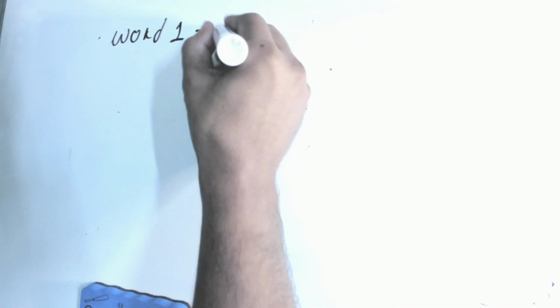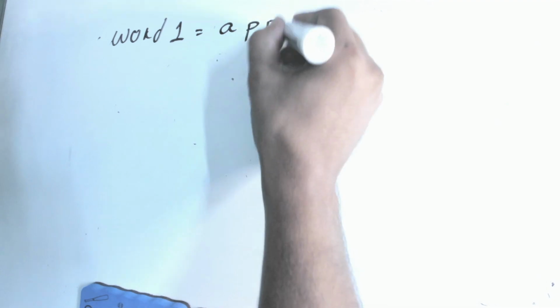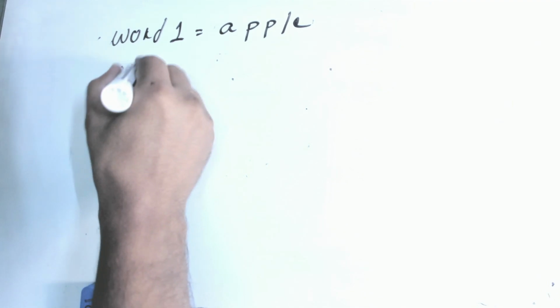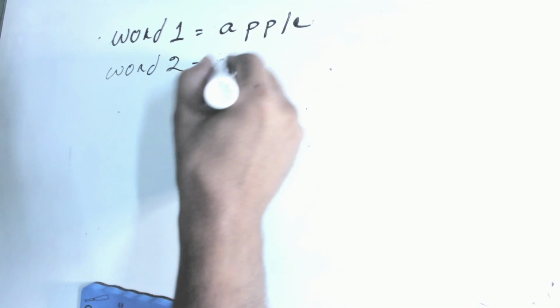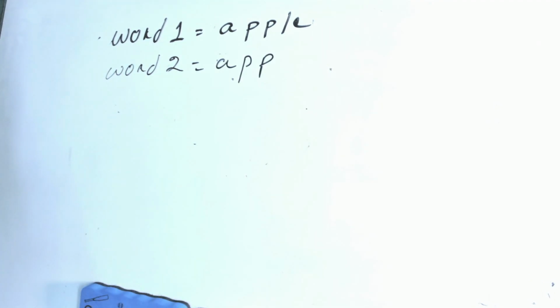Now assume that we have word 1 as apple, and word 2 as app. Now see how we're going to process apple. Tries can be created using an array, but we're going to create one using a map, because a map will be the most efficient one.